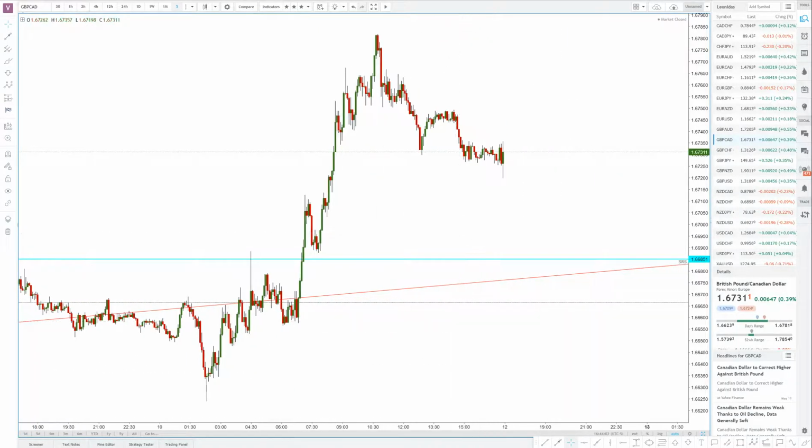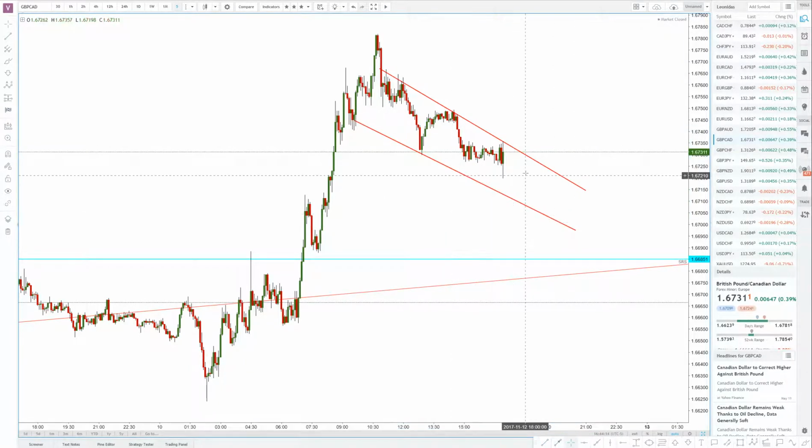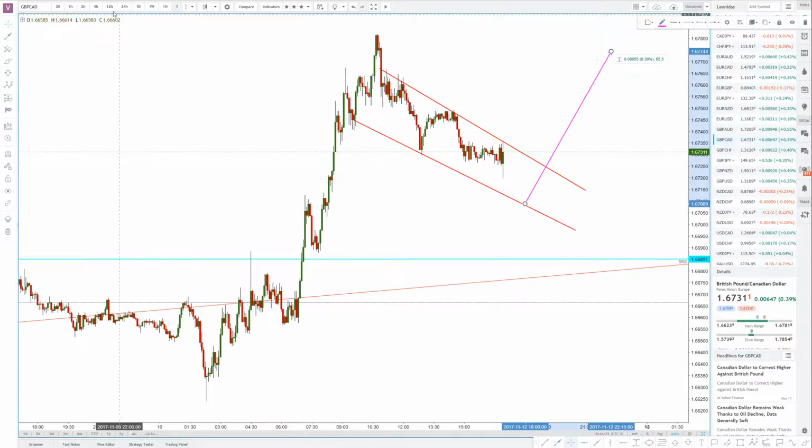So if we continue this kind of flag formation like this, then we can break out of it and then go higher, right? So from somewhere here, we'll start going higher.